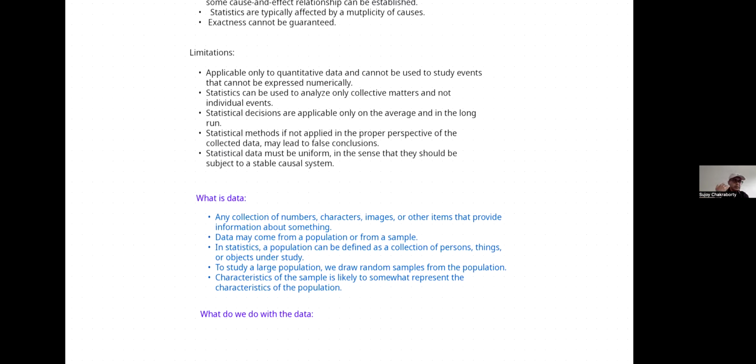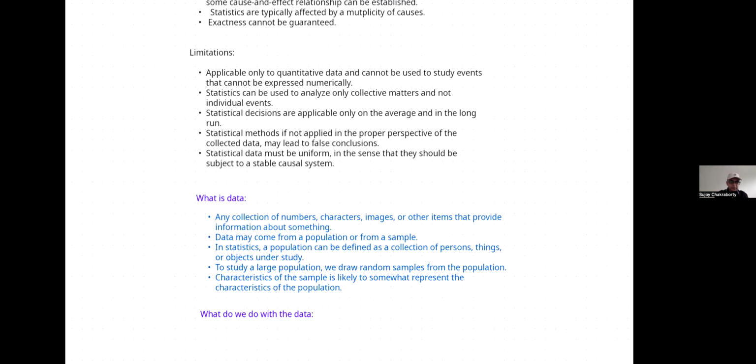If based on our analysis, we don't make any decision or any interpretation of the data, then the collection of data is useless, right? It's of no use to us.